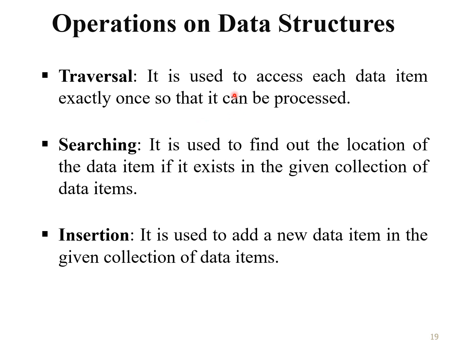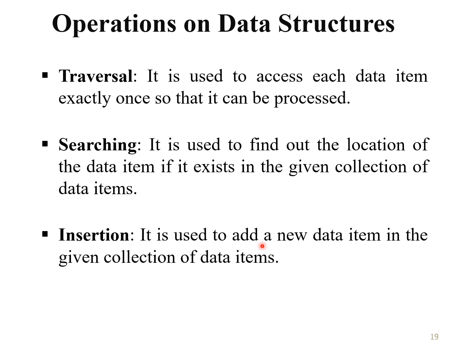In traversal, we visit a data item only one time. Next is searching. It is used to find out the location of the data item if it exists in the given collection of data items. Using searching, we search a particular data item. Next is insertion.